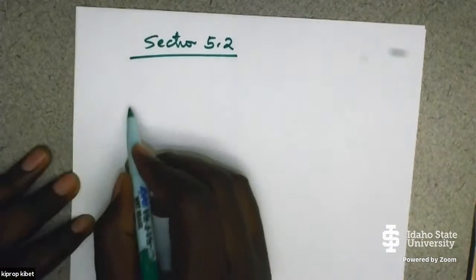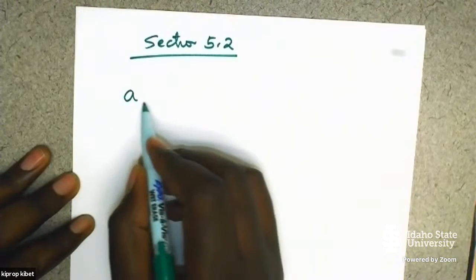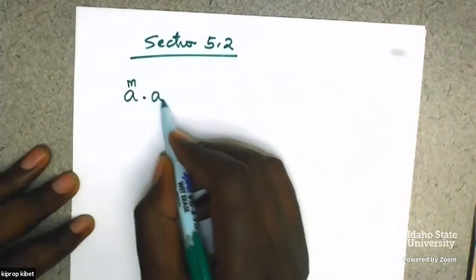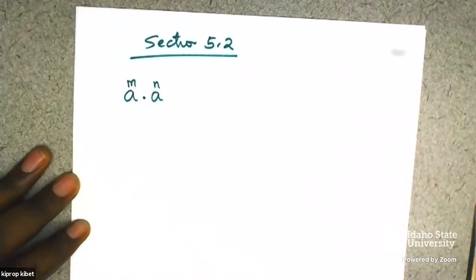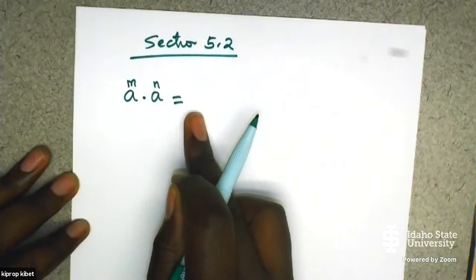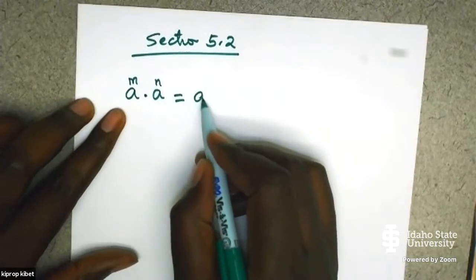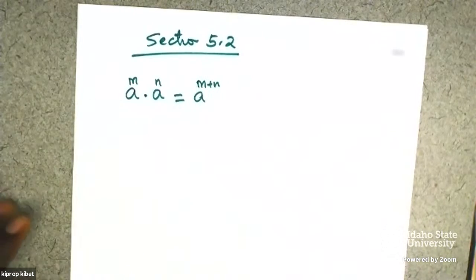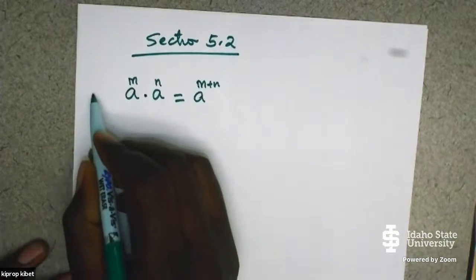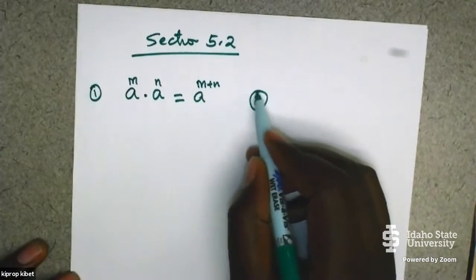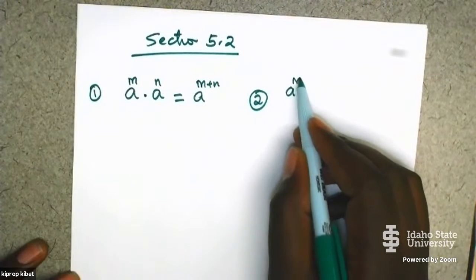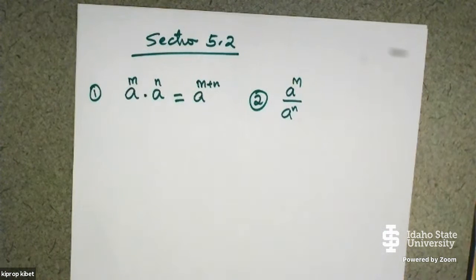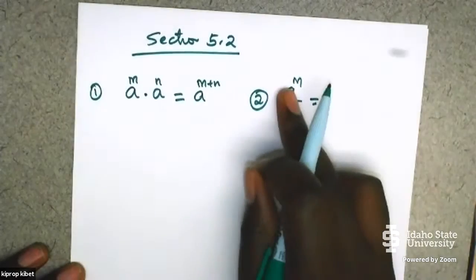We said if we have the base A and the index M, and we have the base A and the index N, then if the bases are the same, this is similar to adding the indices, which is A to the power M plus N. Number 2, if we divide A to the M all over A to the N, this is similar to bringing this one up here.